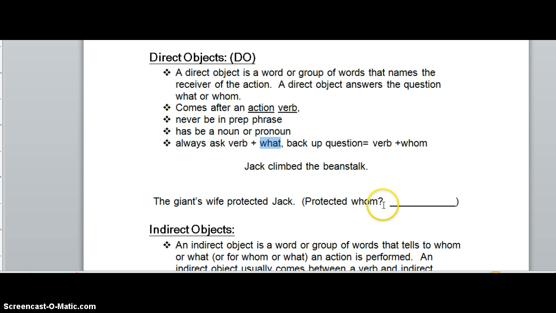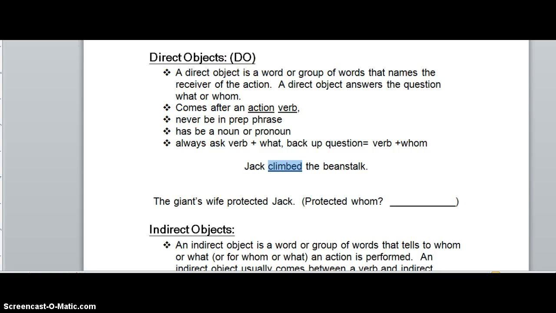Let's take a look at this example right here. Jack climbed the beanstalk. The first thing I'm going to do is look for my action verb. It's climbed, and so I am going to underline that. If I were writing this down on paper, I would draw a vertical split between Jack and climbed, separating my subject from my verb.